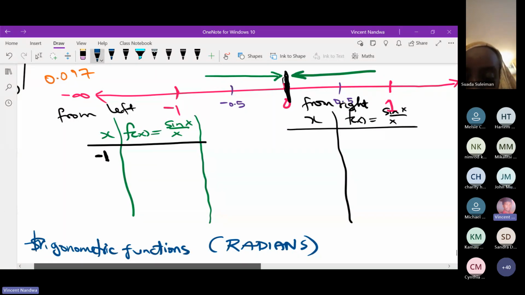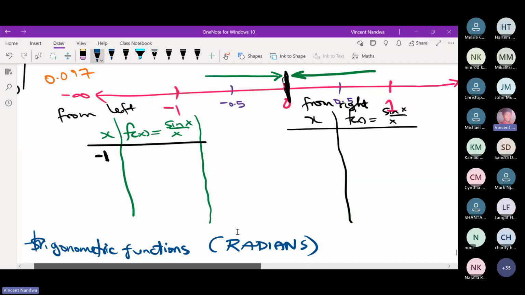Because this expression involves a trigonometric function, to get the correct numerical values, change the mode to radians and tell me the answer. 0.8414, yes, 0.84147 and so on.